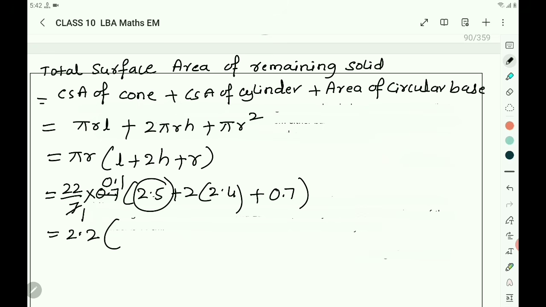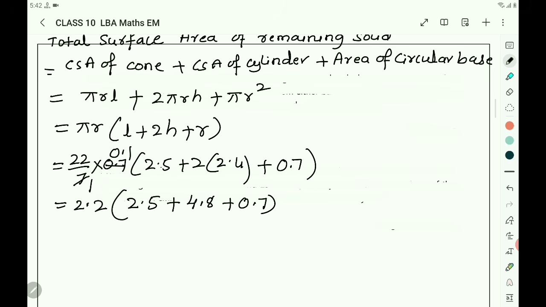Then write 2.5 as it is, plus 2 into 2.4, 24 2s are 48, 2.4 into 2 is 4.8, then plus 0.7, then you write 2.2 and sum of these three is 2.5 plus 4.8 plus 0.7. 5 plus 8 is 13, 13 plus 7 is 20, 2 carry, 2 plus 2 is 4, 4 plus 4 is 8.